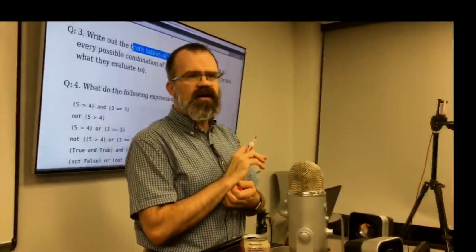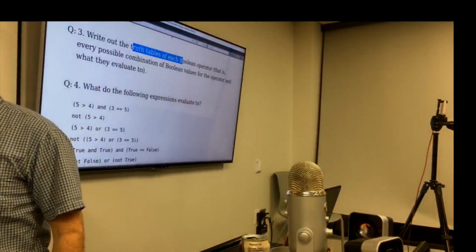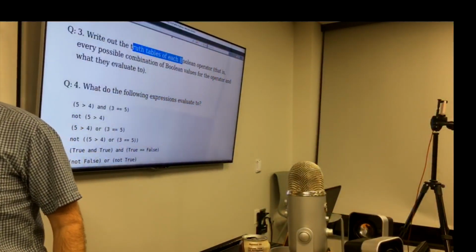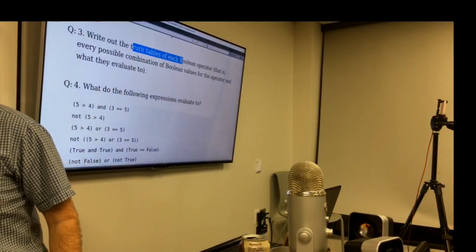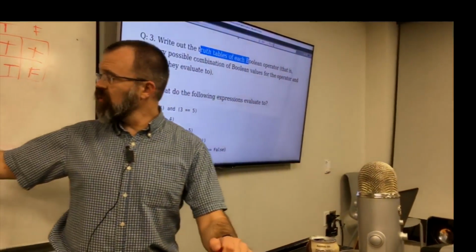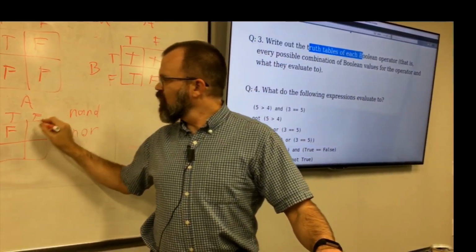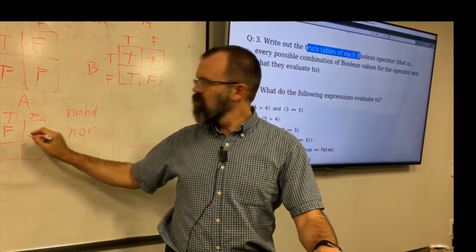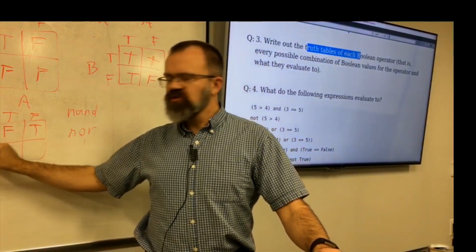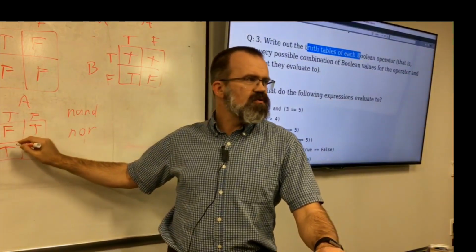Exclusive OR. Okay, fantastic. What do you think the truth table for an exclusive OR might look like? True XOR true? False XOR true? True XOR false? False XOR false.